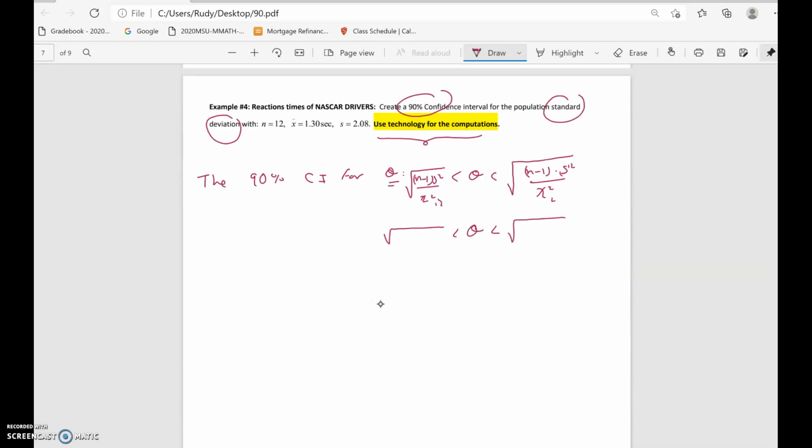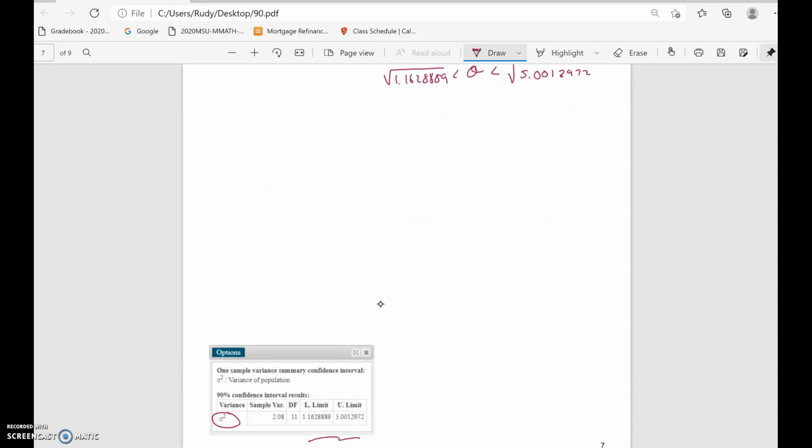So in this case, it's going to be the square root of 5.0012972, and the square root of 1.1628889, and let me double check.